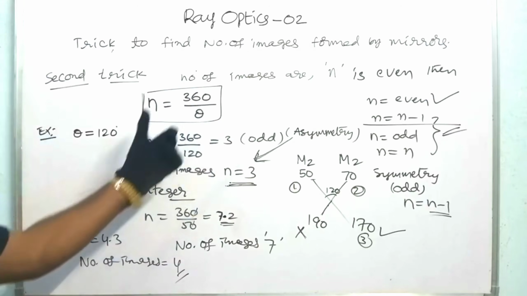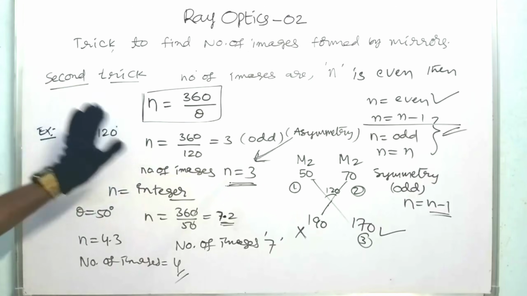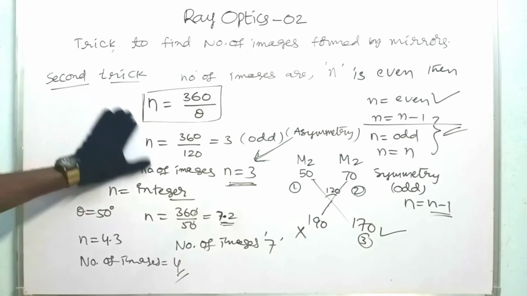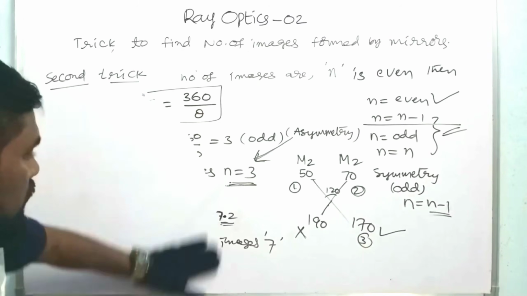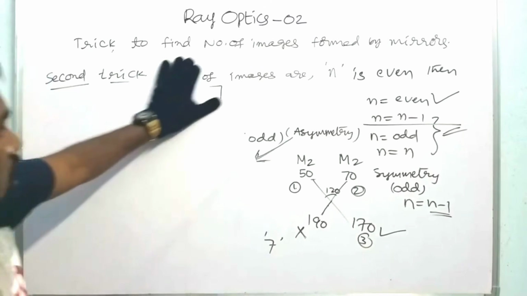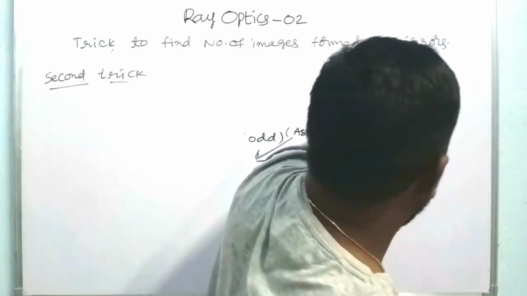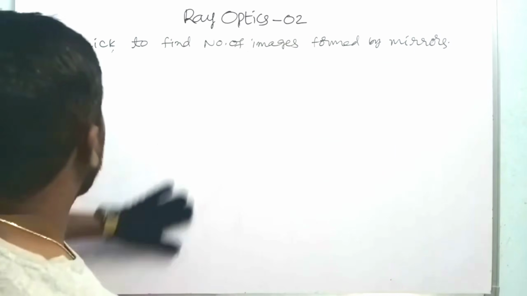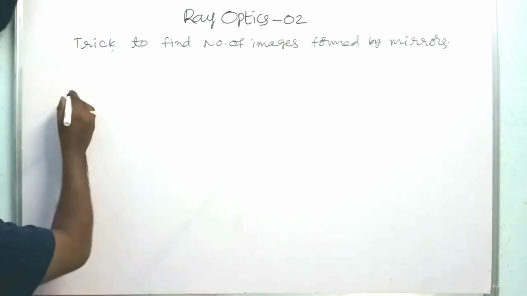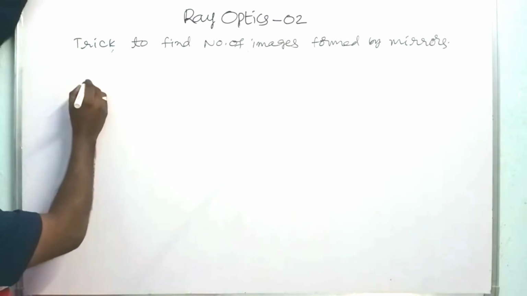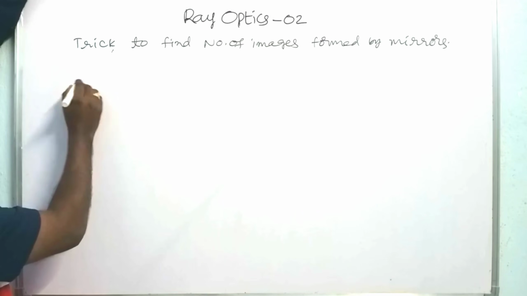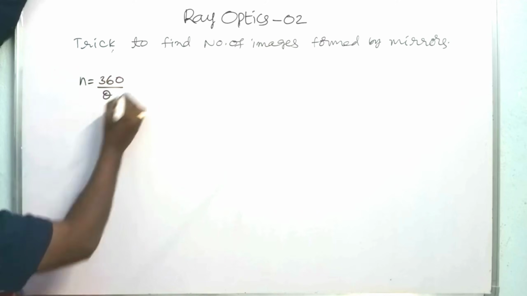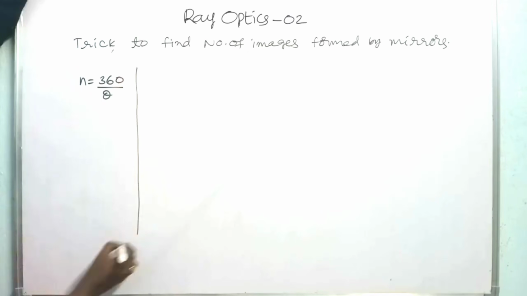So I have given one chart to remember easily how to find the number of images, whether it is even or odd or an integer. So let us start writing. That is, how you can find n: n is equal to 360 by theta.